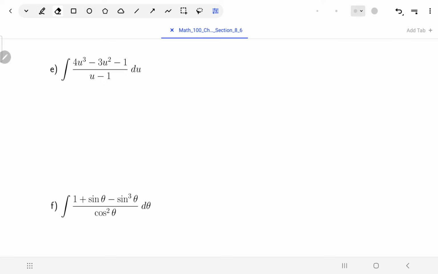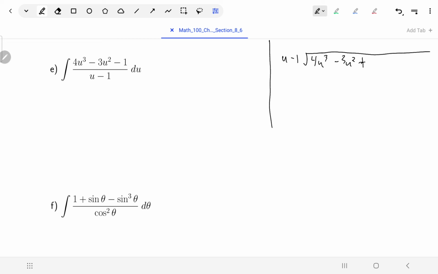Since the denominator is a little polynomial, u minus 1, then I'm going to actually have to do some division on the side. And you can do this one either with synthetic division or long division if you remember it.